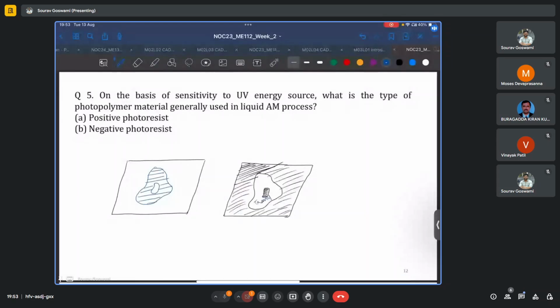Thus, we are exposing the region of interest to energy radiation, which in this case is ultraviolet rays. However, this is common to both positive and negative type of photoresist.